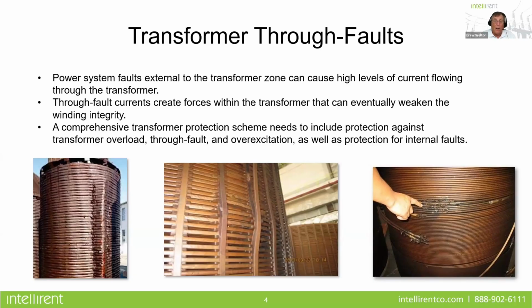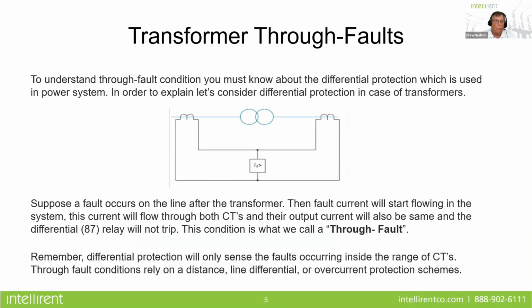We know that. Overexcitation, problems with the windings internal to the transformer, but also through faults. Okay, so you can see here in the graphs, these are some of the damages that you can see from either excessive through faults or from a particularly strong through fault.